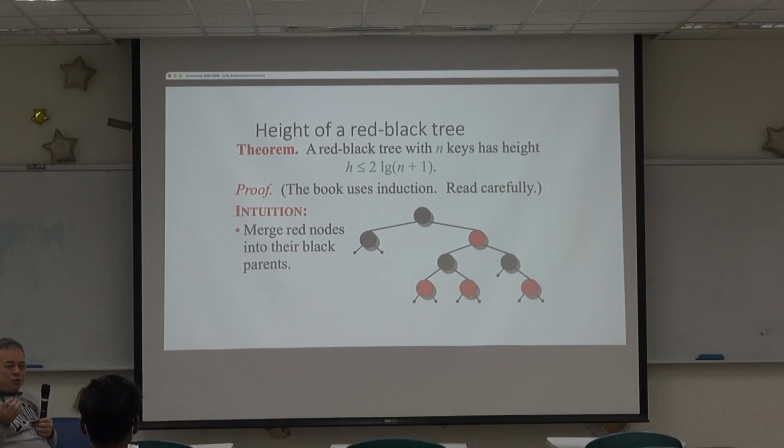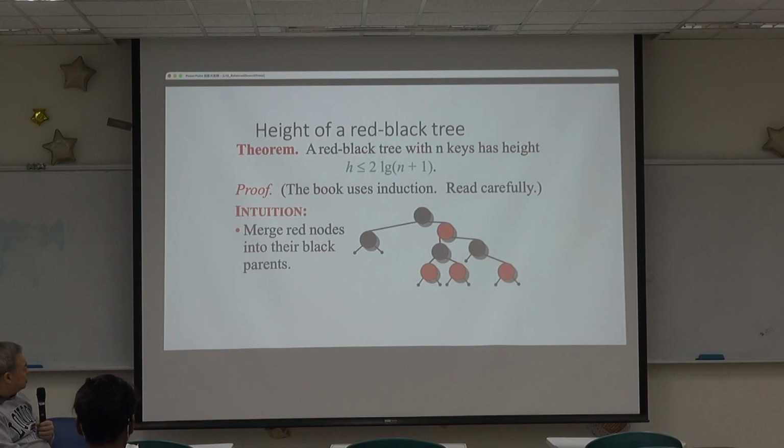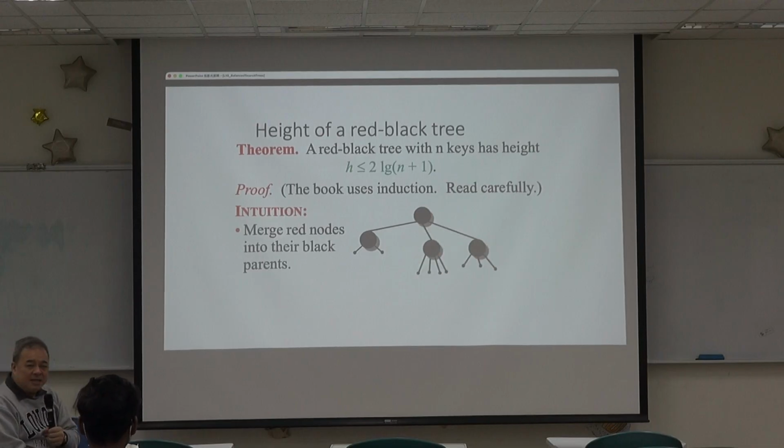So you must be able to merge the red node into the black node. And second, after the merge, it must be balanced, because from the root to any leaf node, you traverse the same number of black nodes. That means the tree after the merge must be balanced because we only have black nodes left, right?